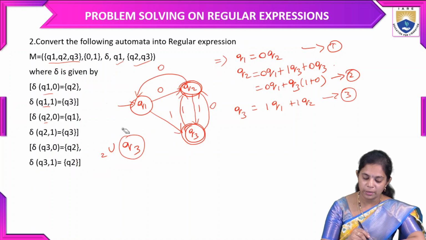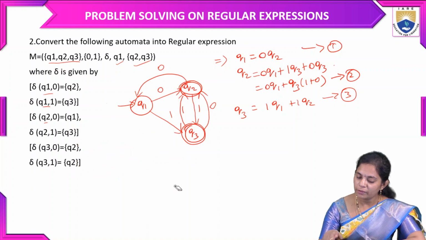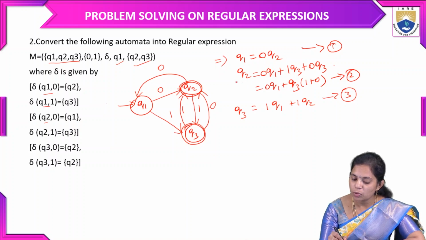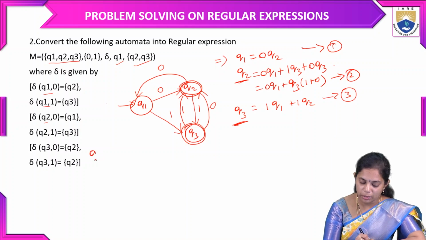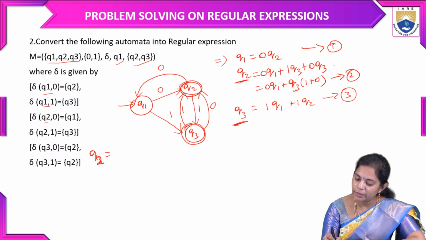So here after this one, first we need to solve, Q1 is already there, and we need to solve these two equations. So Q2, whenever we have to take the Q2, so Q2 is there, and Q2 when we have the Q1 and Q3.